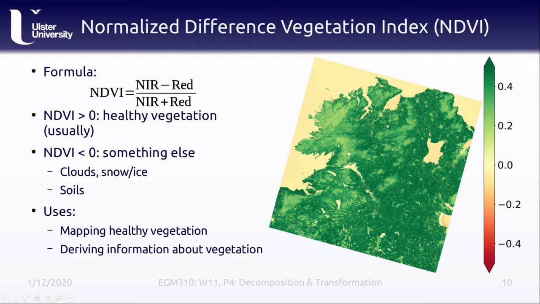So most of the values are falling between about 0.4 and -0.4 that you can see here. And you can see that in areas where we remember seeing a lot of healthier vegetation, especially in agricultural fields, we have darker green values ranging to lighter green values, and things like water and clouds are negative.